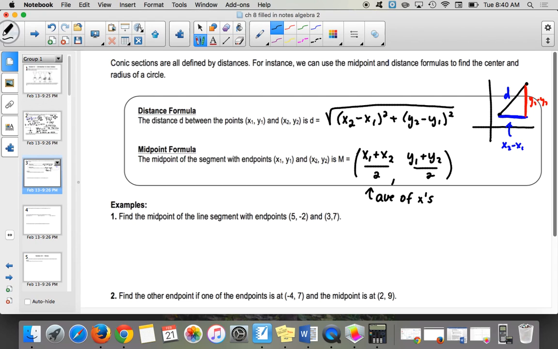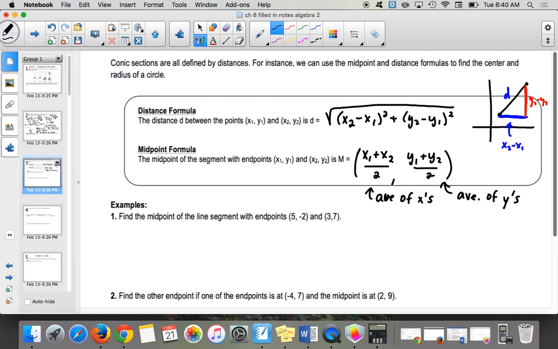So, you know, when we find the average of two numbers, like if I said, find the average of 20 and 24, you would add those two numbers together and divide by 2. 20 plus 24 is 44. Divided by 2 gives 22. Makes sense. It's halfway in between those two numbers.